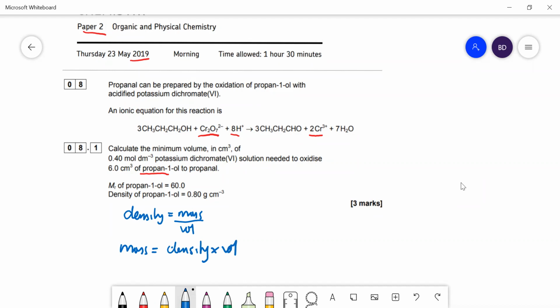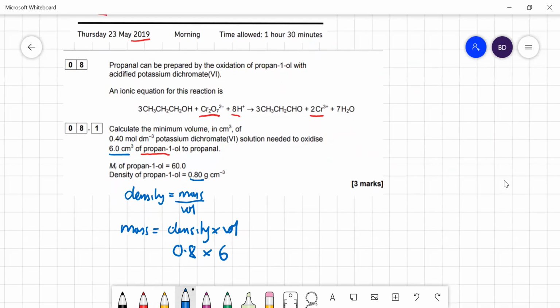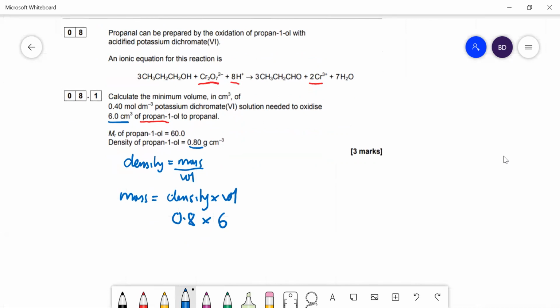The density, they tell us, is 0.8 grams per centimeter cubed, and the volume is 6 centimeters cubed. So all our units are okay there. Don't need to convert them. So that is going to give us a mass of 4.8 grams.